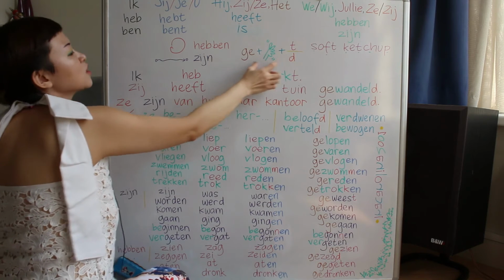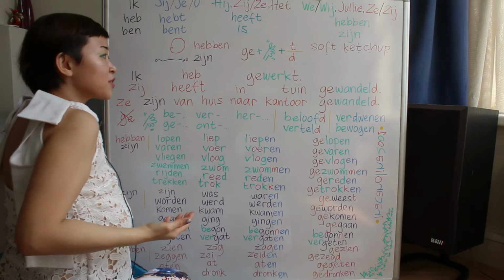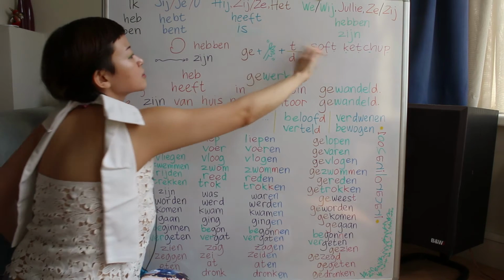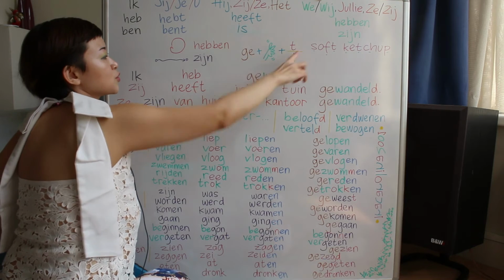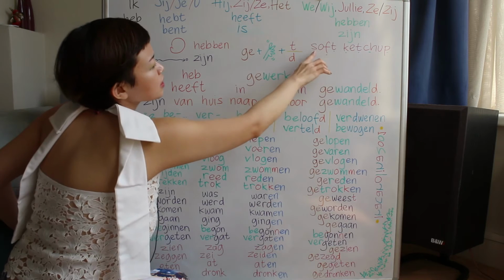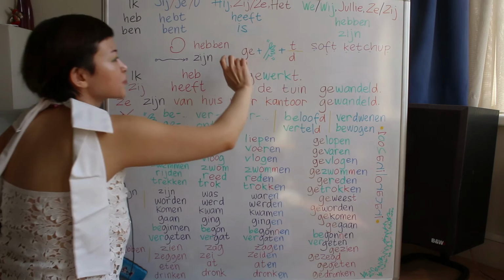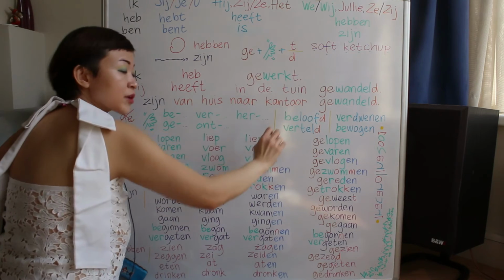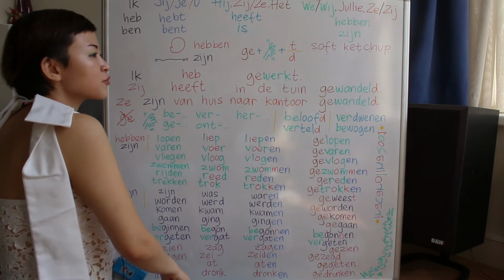So, ge, verb, and T. But if the verb ends with another letter, not one of these, you put the d at the end to make this ge word. Yeah, we learn it as soft ketchup to remember: S, F, T, K, CH, and P. We will put it in a sentence later.